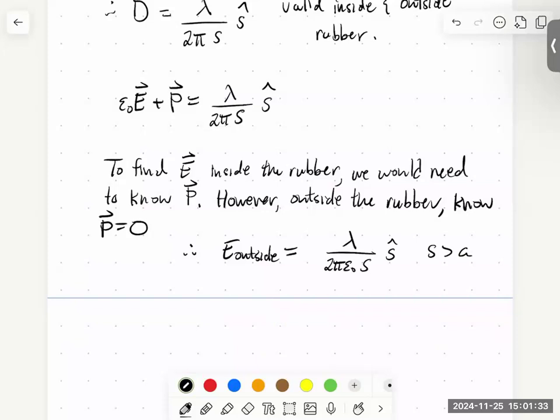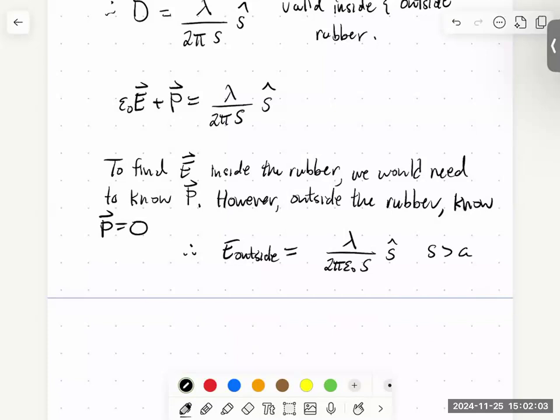And you might recognize that this is the exact same solution that you get whether or not the dielectric piece of rubber is there. And it has to be the case because the original Gauss's law says that the integral of E dot dA is equal to Q enclosed over epsilon naught. And even if our rubber is polarized, for a Gaussian surface outside that rubber, all we care about is the total charge inside.